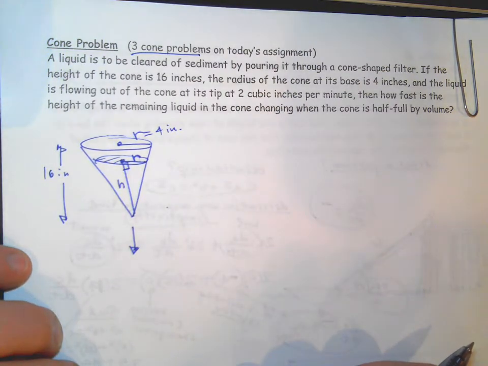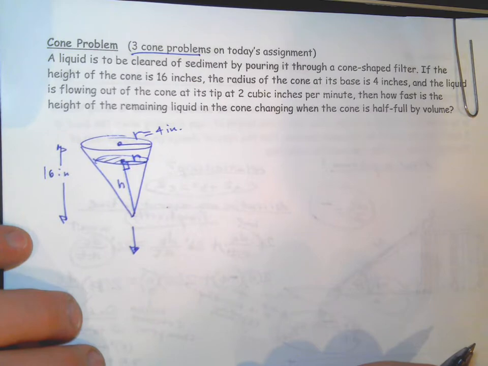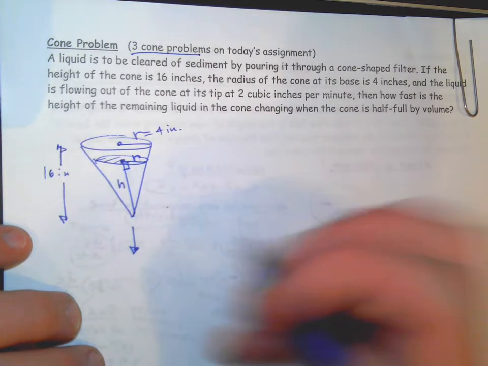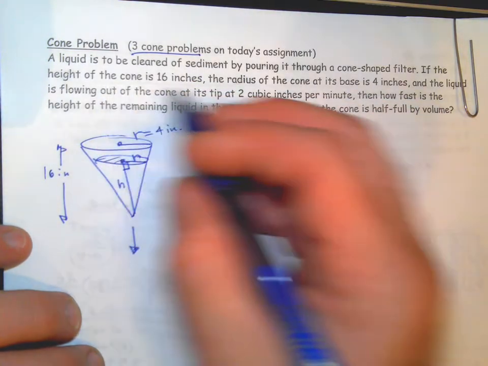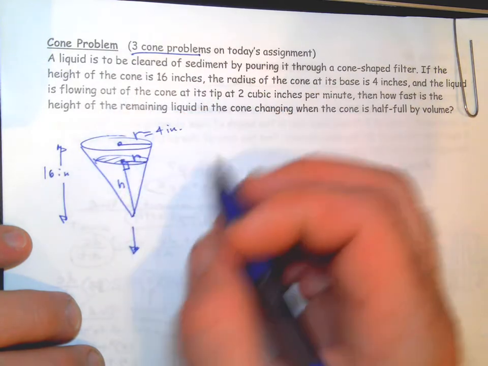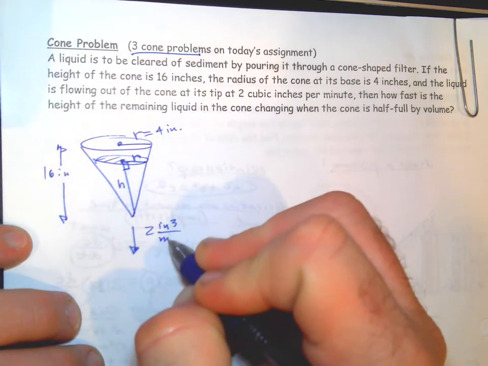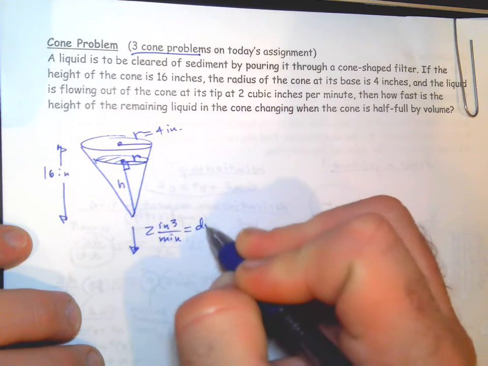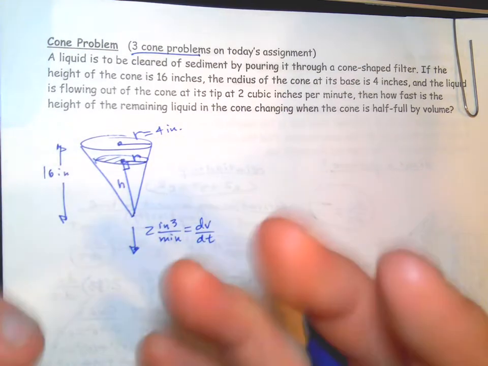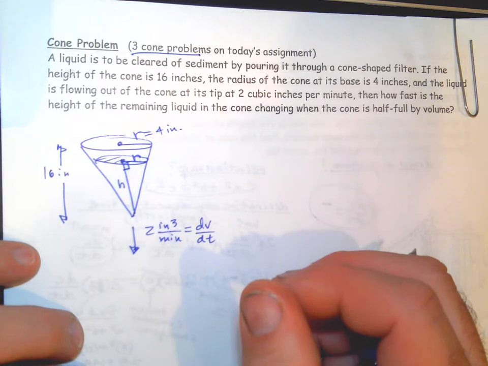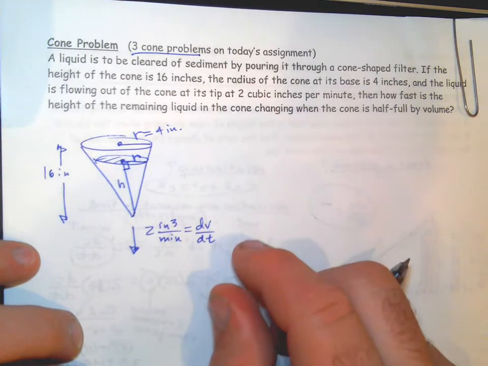So we got to figure out, what do we have? It says the liquid is flowing out at 2 cubic inches per minute. That's volume, which should make sense also. It's like the 3-dimensional amount of water, and it's cubic inches, that's volume. How fast is the height?